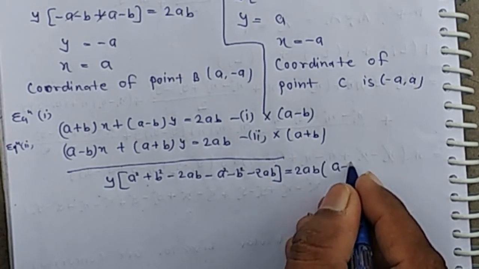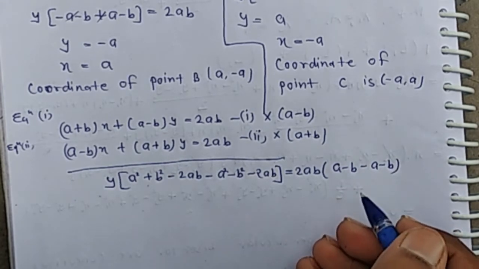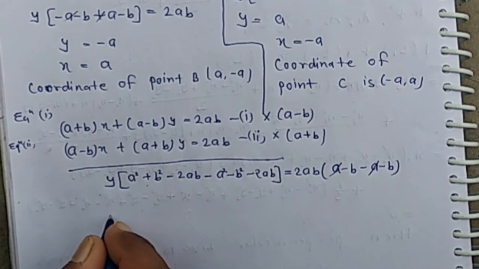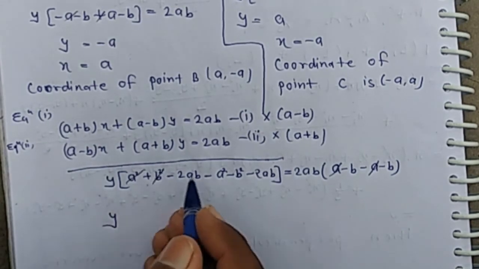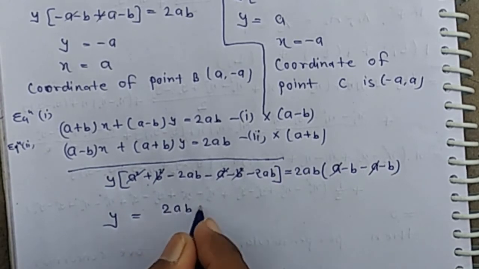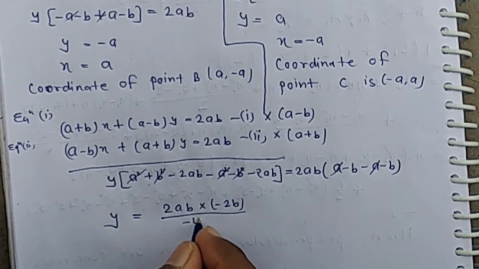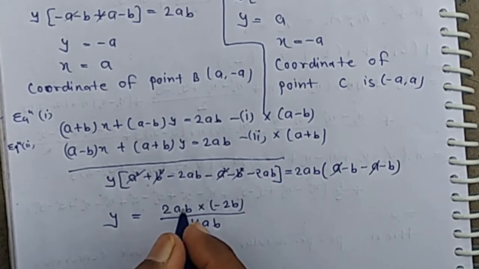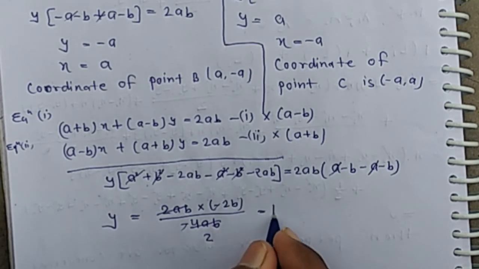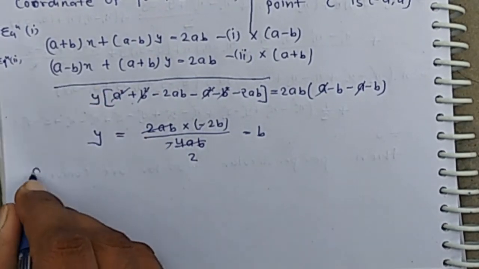We have a minus b minus a minus b, a cancels out. Then y equals 2ab into minus 2b by minus 4ab, minus cancels out. y equals b.